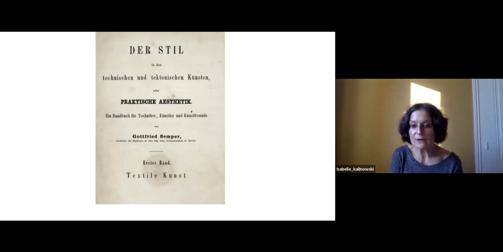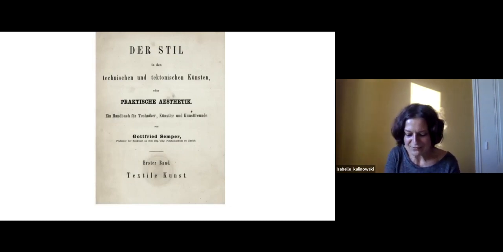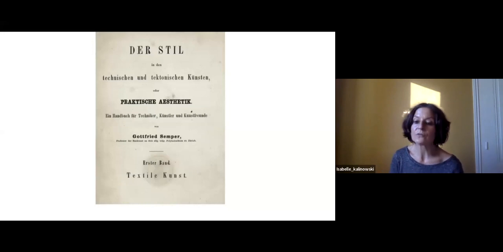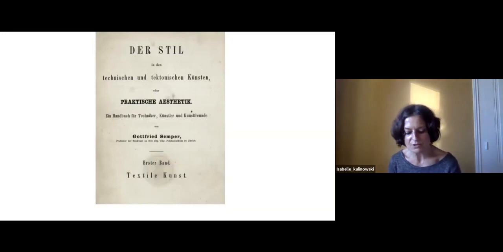I think that Caroline Van Eck, my colleague at Cambridge, is right when she says that Semper's theory of the Stoffwechsel, or of the metabolism, has something rational, that Semper believes in a rationality of these artistic processes, in contrast with Warburg and his conception of the irrationality of the form migrations.